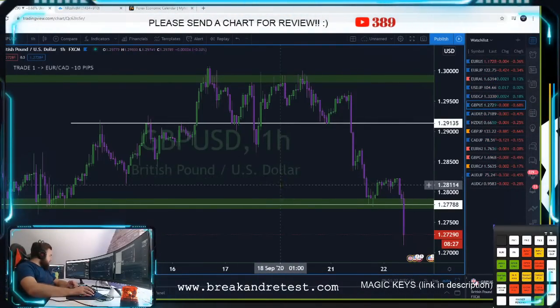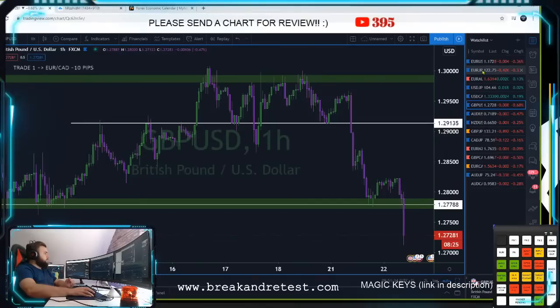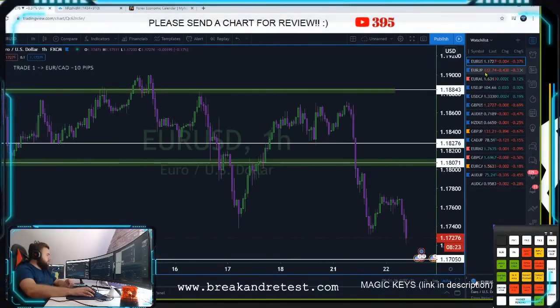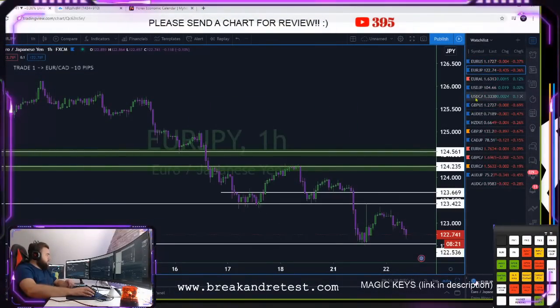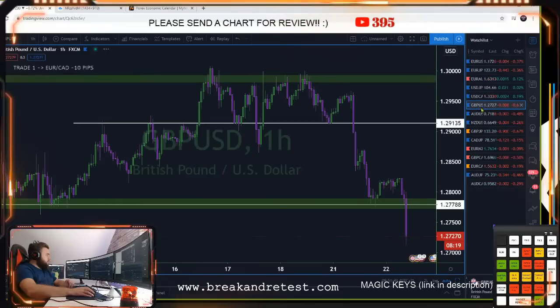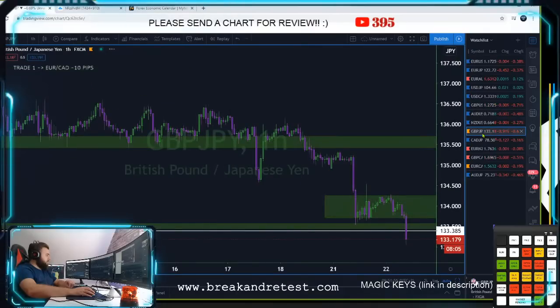Okay, let's see. Let's see what we have. So far, we do have GU is breaking, but it's already gone. I don't know what are the chances of getting the retest here. Pretty low, I guess, but we'll see.